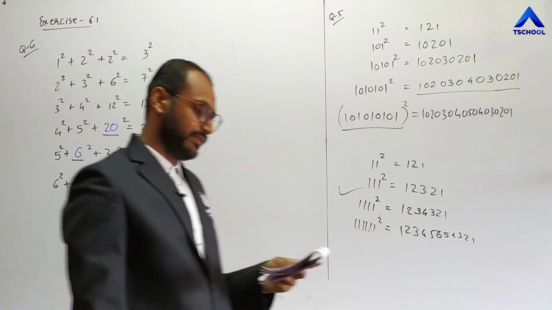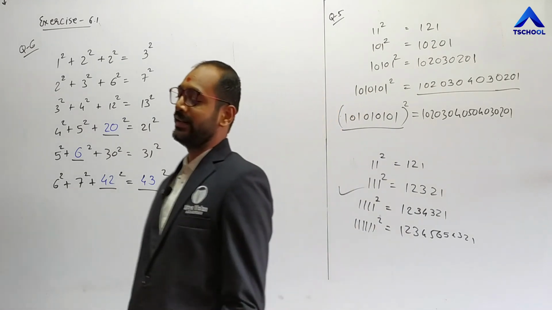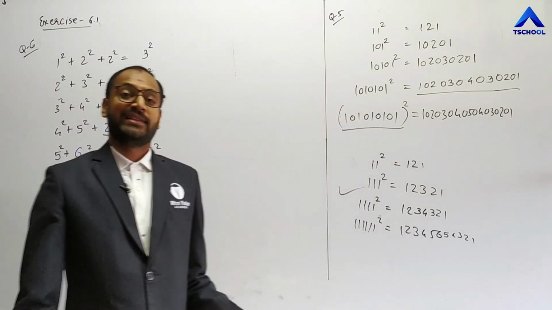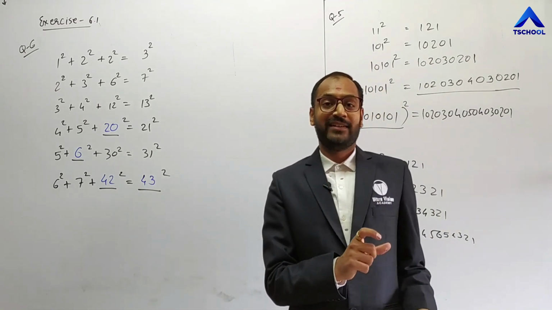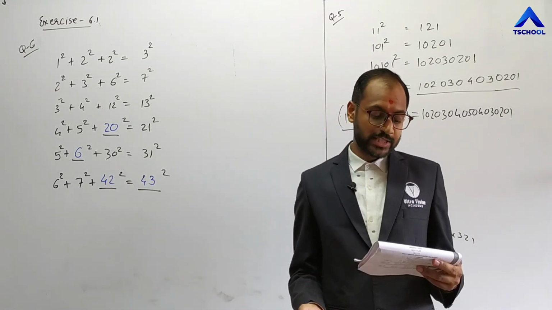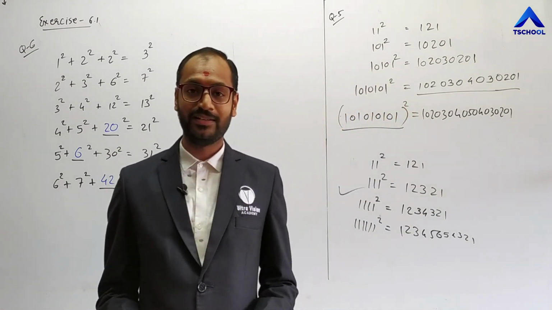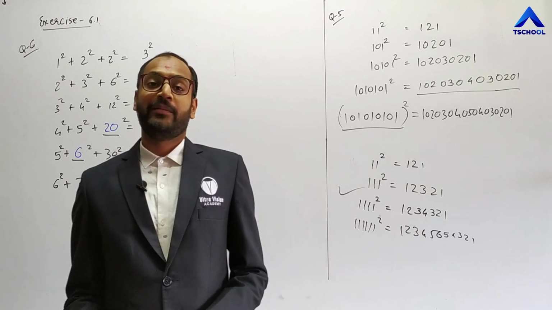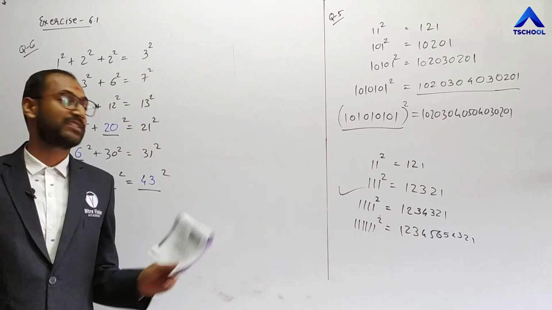The next one, without adding, find the sum. We will do it in the next lecture, but we have studied this type of pattern. I will explain it to you in the next lecture, but do this by yourself at home. This will make you strong in mathematics as well as in reasoning.